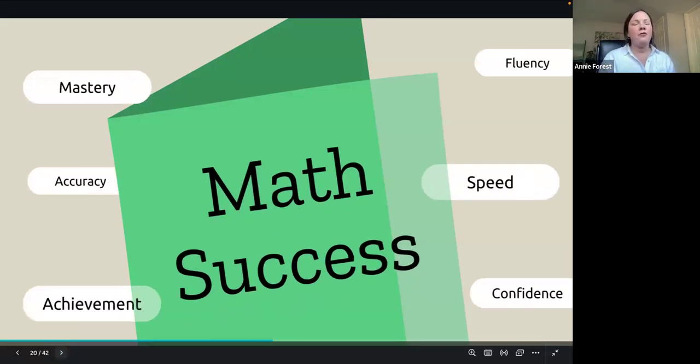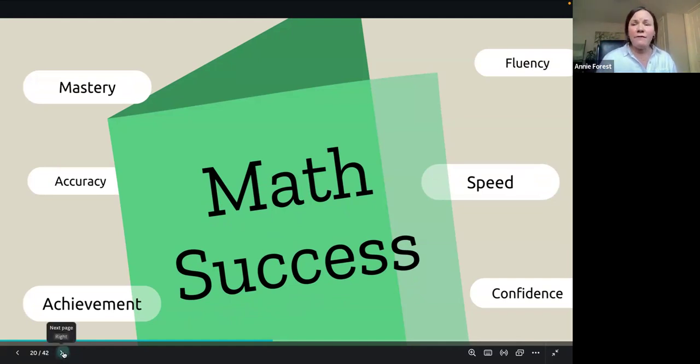Here, a couple of words are popping up on the screen that are sometimes associated with a student being successful in math. I think all of these have importance and relevancy. We're looking for kids to have mastery, accuracy, fluency, achievement, all those things.